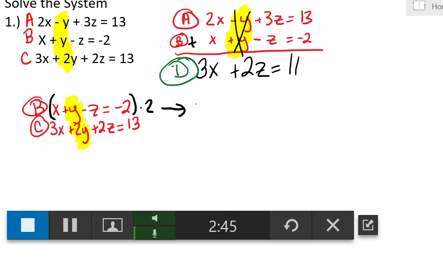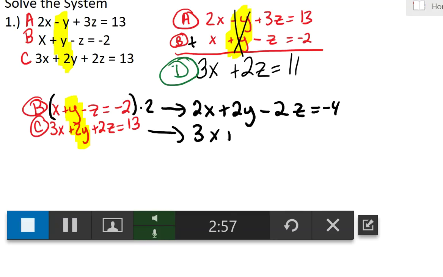And you're going to get 2x plus 2y minus 2z equals -4. The bottom one's going to stay the same. And I noticed right away that those aren't going to cancel because they're plus if I try adding.